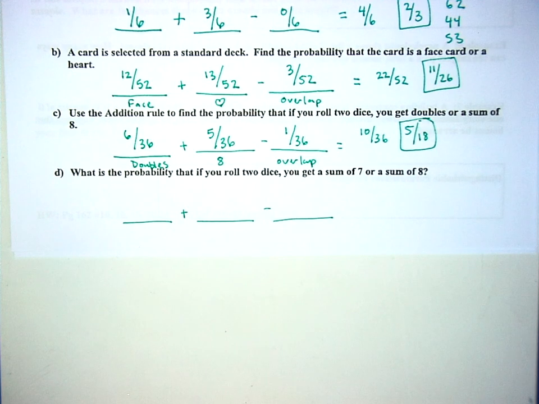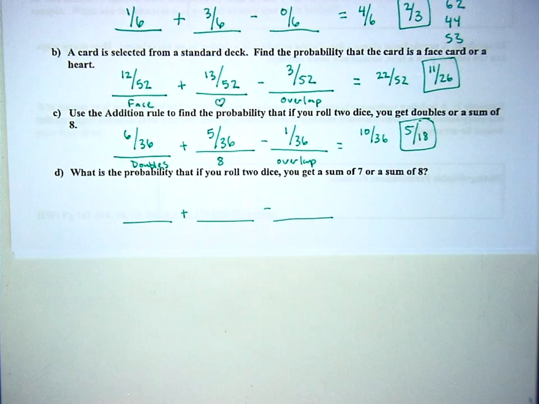So it'd be 1, 6, 6. That's 5 and 2. 2 is 5. Yeah, 6. So 6 out of 6.